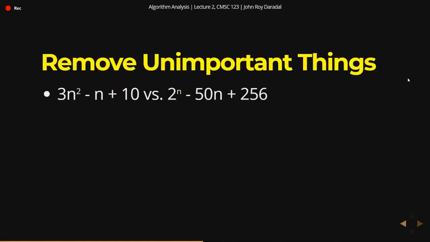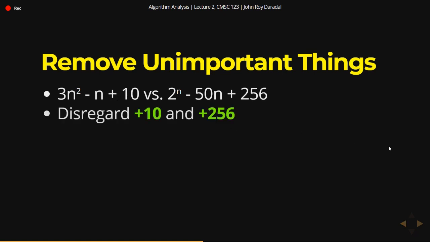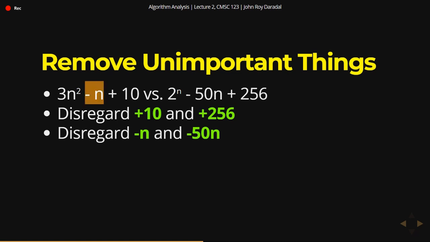Okay? So when we compare the two running times, we have to remove the unimportant things. So for example, we could disregard the plus 10 and the plus 256 because anyway, that's just a constant difference. We could also disregard the minus n and the minus 50n because anyway, they have the same order, like order of n.